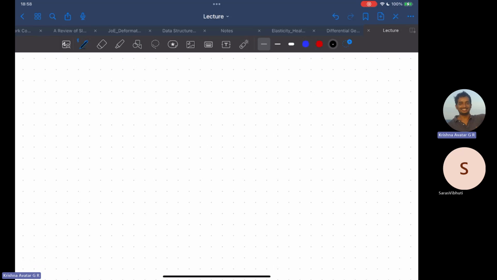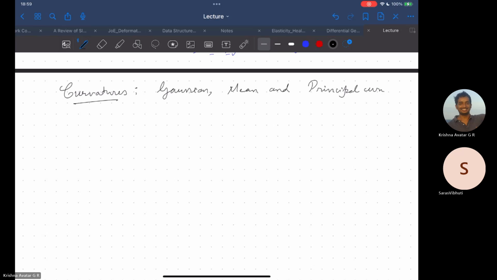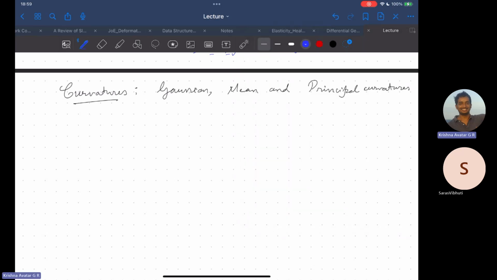Now let's look at how we define all the curvatures: Gaussian curvature, sometimes also called Gauss curvature, mean curvature, and principal curvatures. Fine. So let's define what is Gaussian curvature.